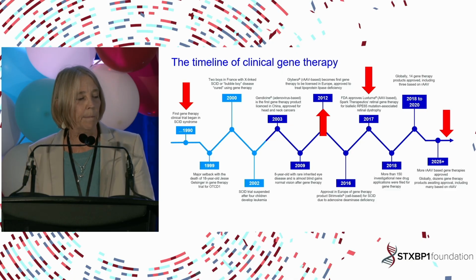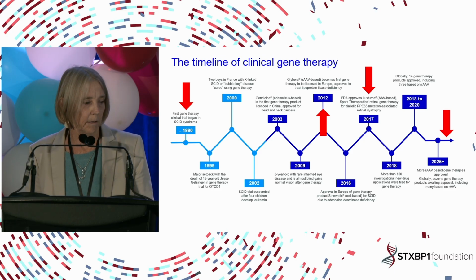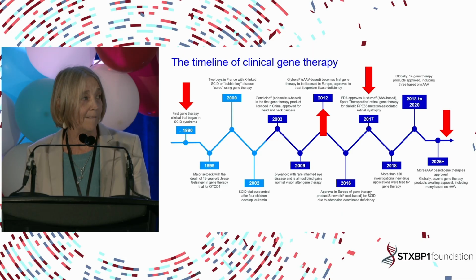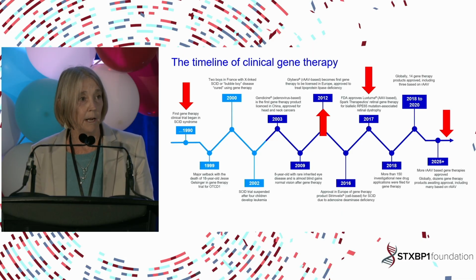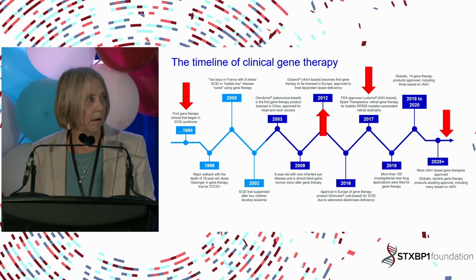And so now we march forward 22 years later in 2012, and that was the first approval. And that's actually quite fast for a new biological therapy, 22 years. Monoclonal antibodies took 30 years. This new gene therapy, Glybera, was so rare and so rarely used that it's no longer even on the market.